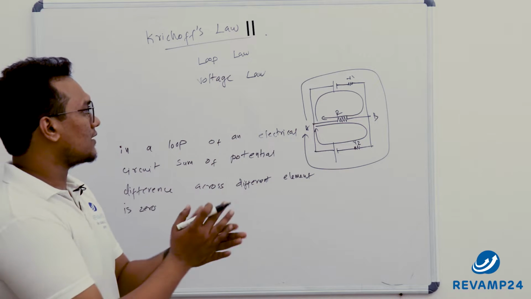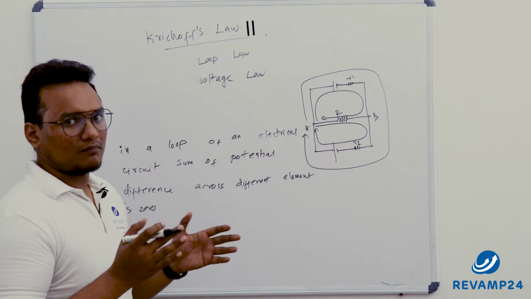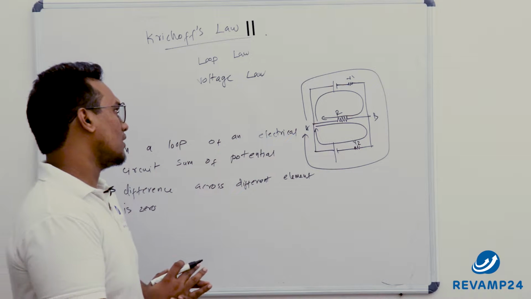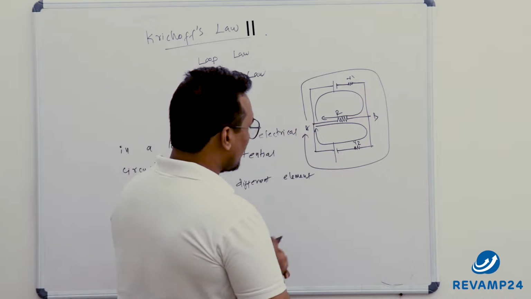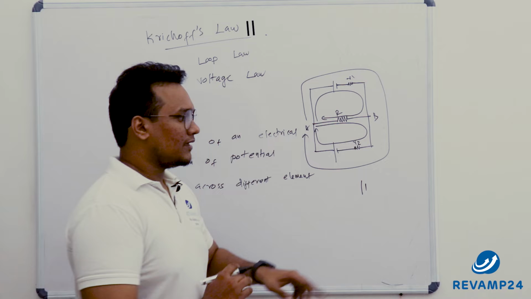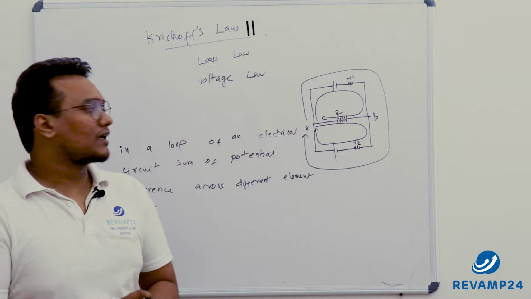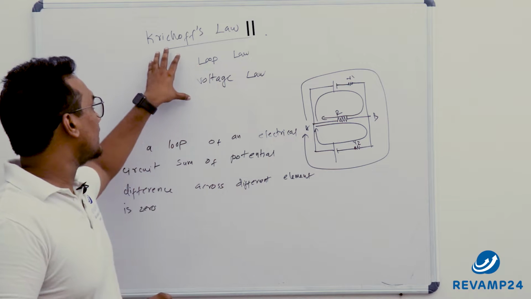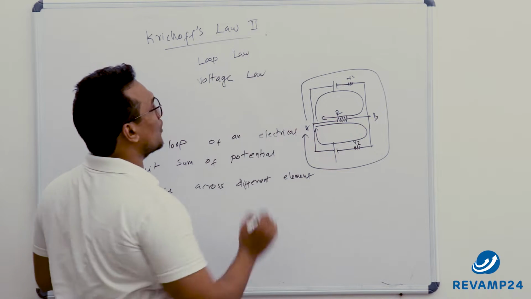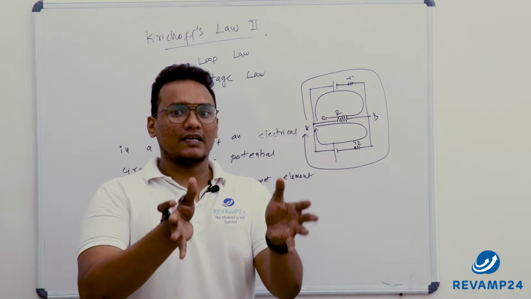Clear? Now, there are some standards to be followed while measuring the value of potential difference. One thing you have to be clear with: before applying Kirchhoff's second law, you should apply Kirchhoff's junction rule first.